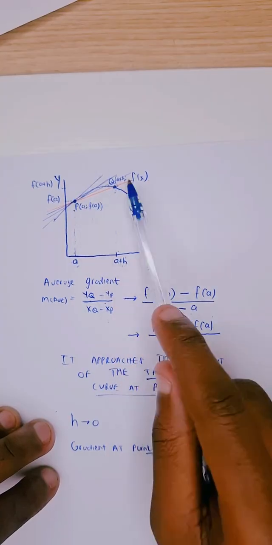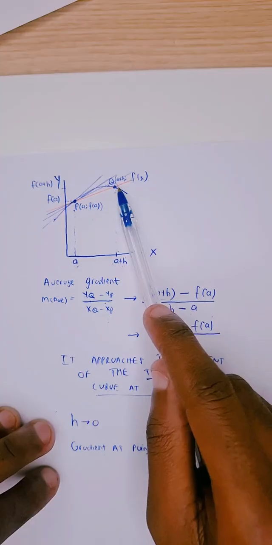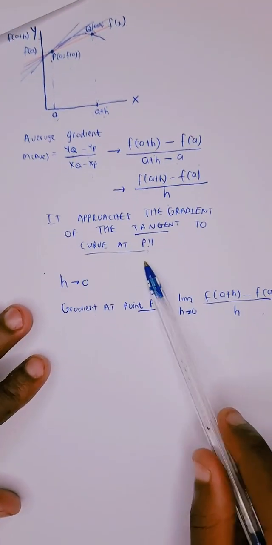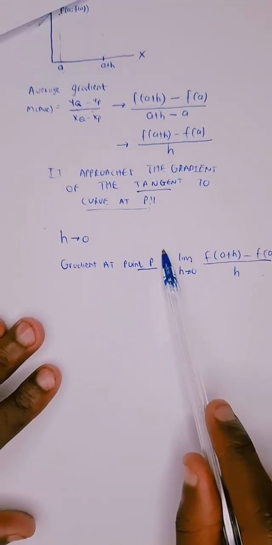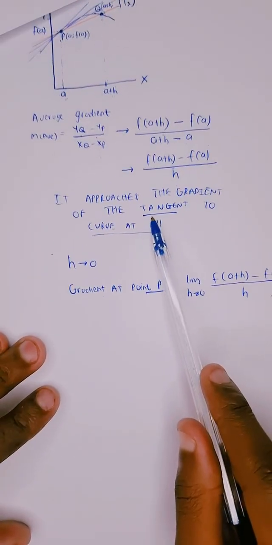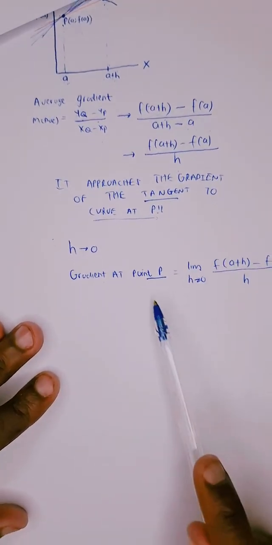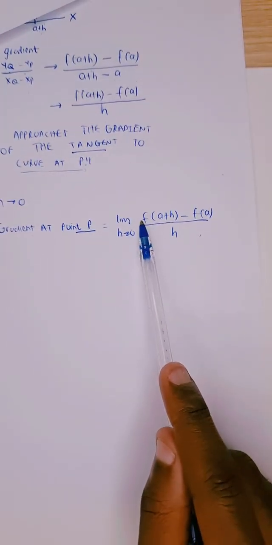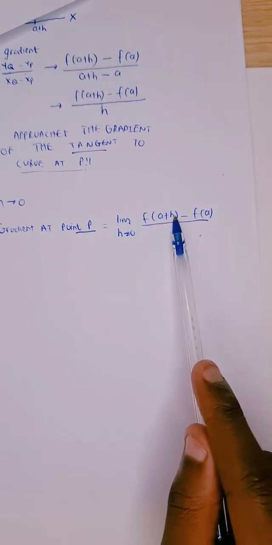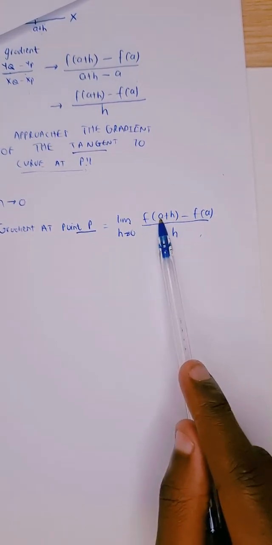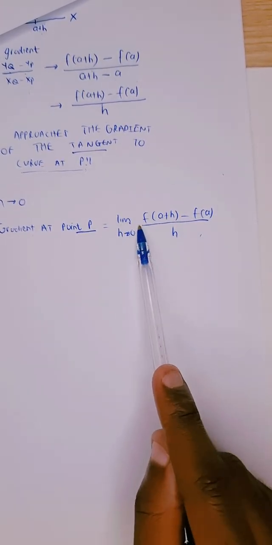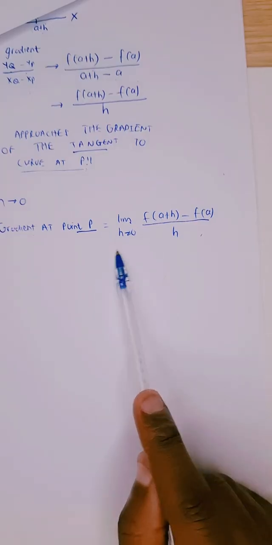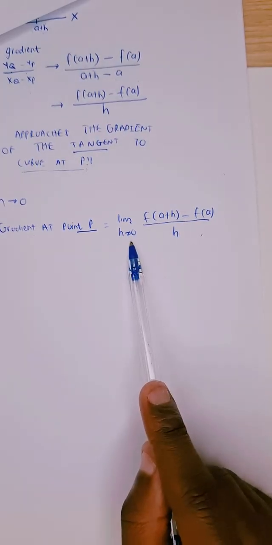So therefore we say, what do we say? We say that the gradient at the point P is defined by the limit of the average gradient as h approaches or tends towards 0.